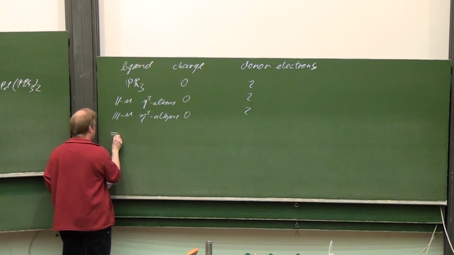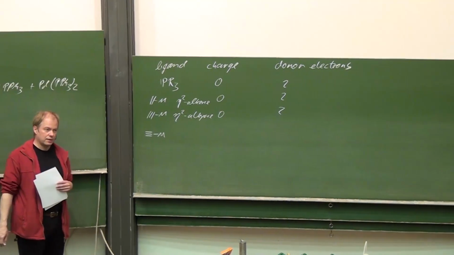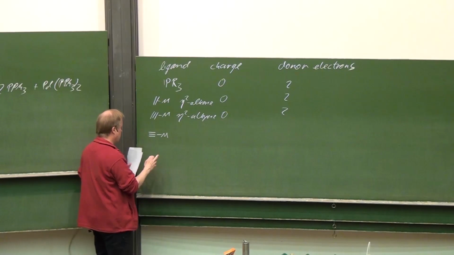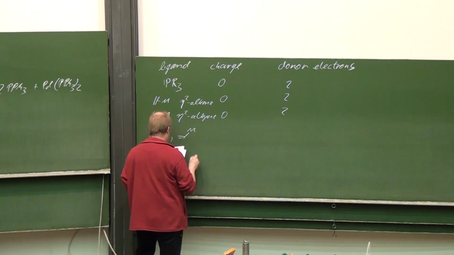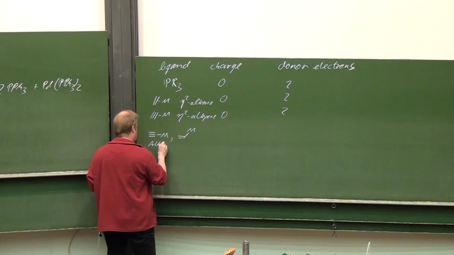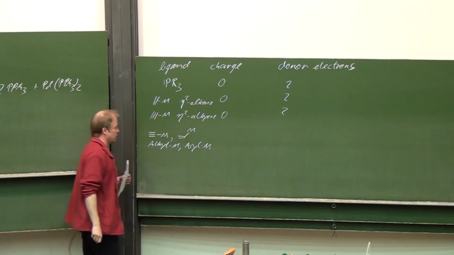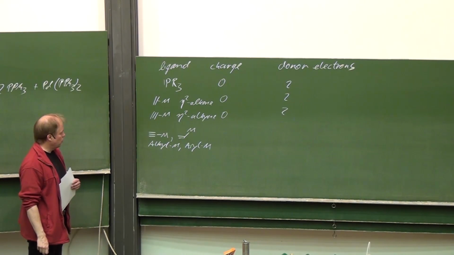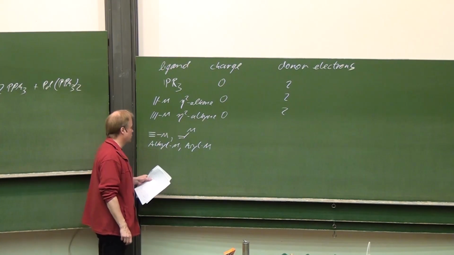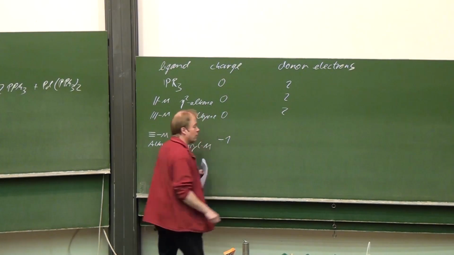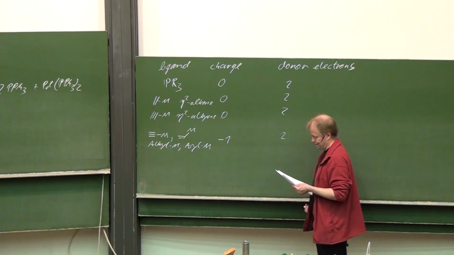And now compare it with a complex like this. Here we have an ethanol substituent, or a vinyl substituent, or even alkyl or aryl on the metal. In all these cases, the ligand is regarded to have the charge -1, and it delivers 2 electrons.